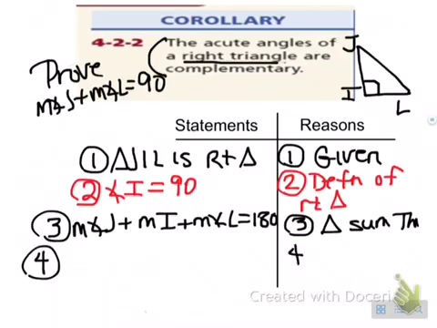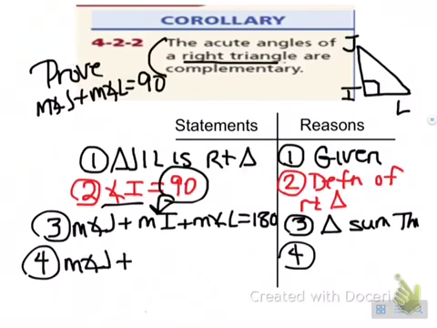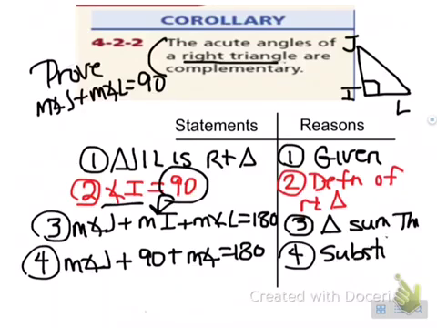And then lastly, if I know angle I equals 90, I can substitute 90 wherever there's an angle I. So I could say the measure of angle J plus 90 plus the measure of angle L equals 180. I did that by substitution. And if I subtract 90 from both sides, they cancel here.